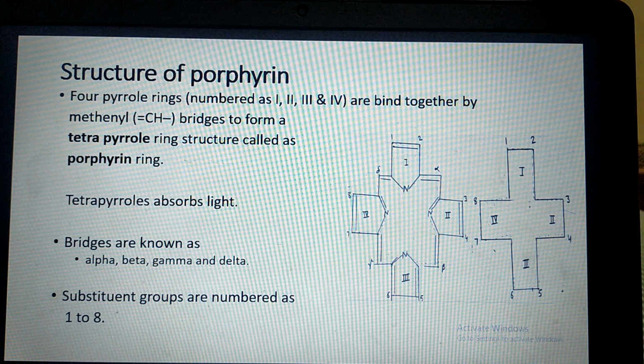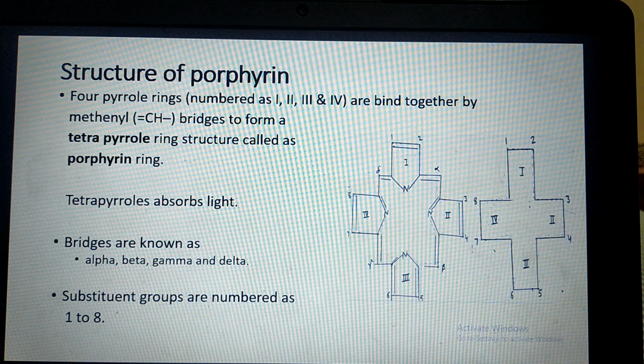Now the structure of porphyrin. 4 pyrrole rings are joined together by methynyl bridges. Methynyl means CH bridges, forming a tetrapyrrole ring structure called the porphyrin ring. This tetrapyrrole ring has the property to absorb light.